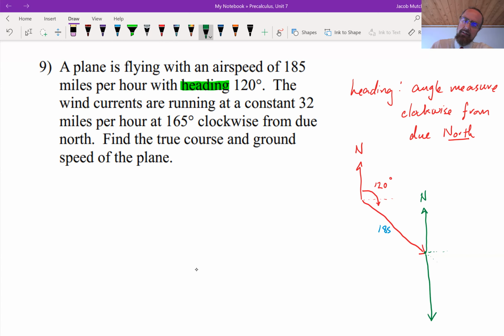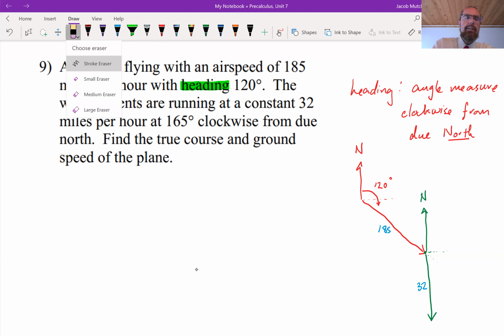Now it's significantly shorter. I'm not drawing this perfectly to scale, but this would have a magnitude of 32, so it should actually be significantly shorter. We can do that. Now, what we need to do with this is form a triangle.